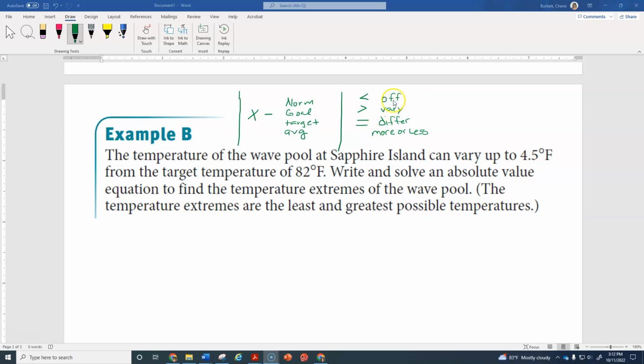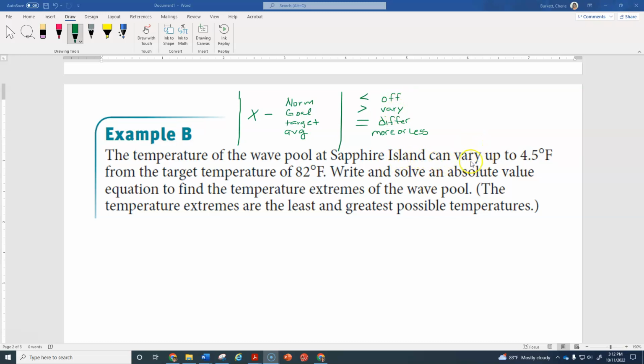So the keywords that you look for, for the last number, are words like "off." It may say the temperature is off by 2 degrees, or the gauge is off by 2 pounds, or they may use the word "vary" like they do right here.